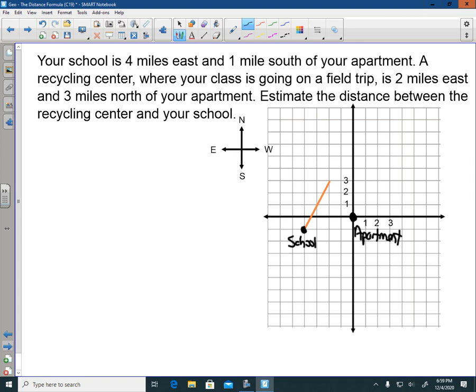All right, and then it says a recycling center where your class is going on a field trip is 2 miles east and 3 miles north of your apartment. So 2 miles east, 1, 2, and 3 miles north, 1, 2, 3. There is the recycling center. The question is, estimate the distance between the recycling center and your school.